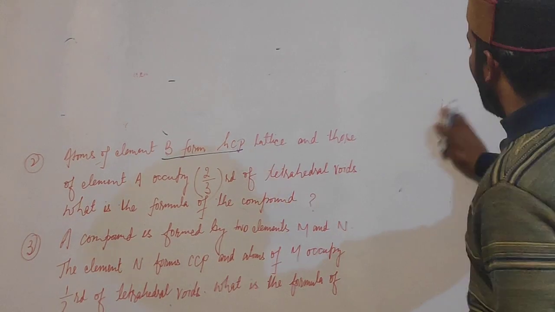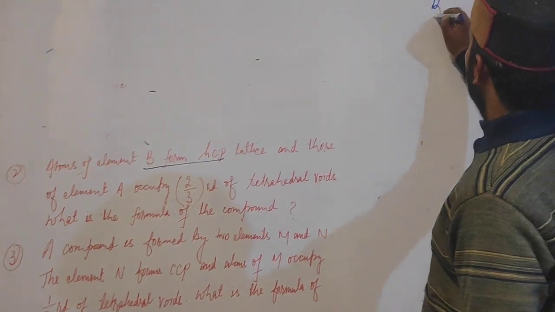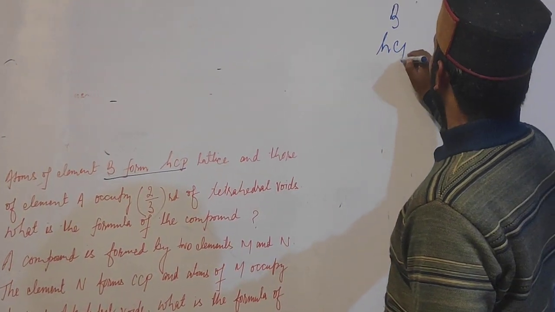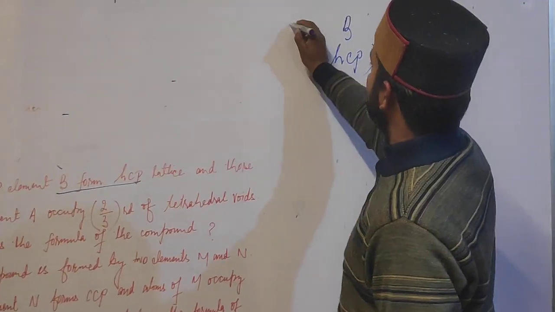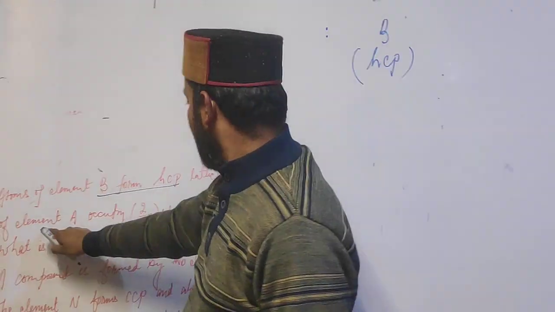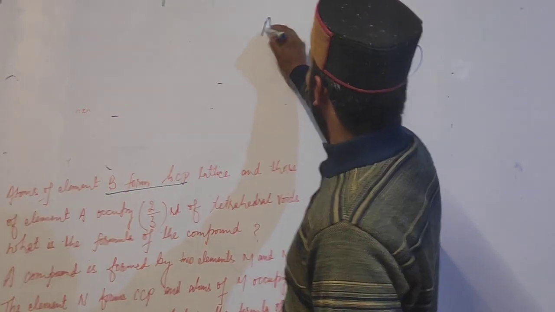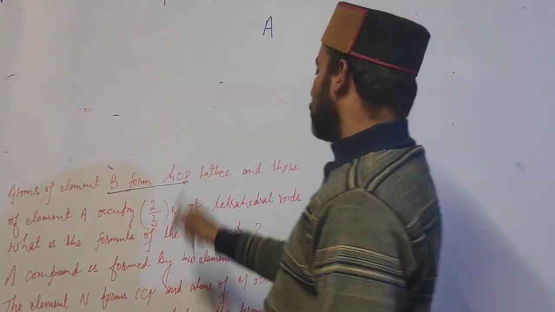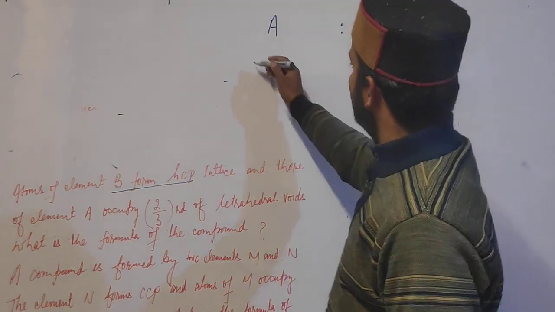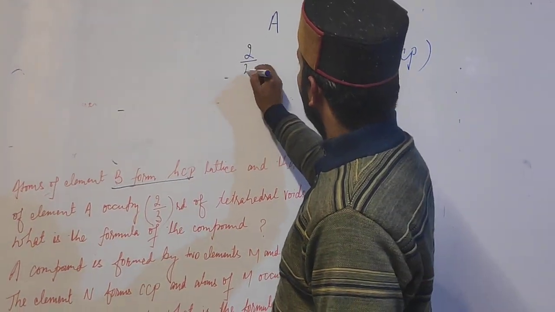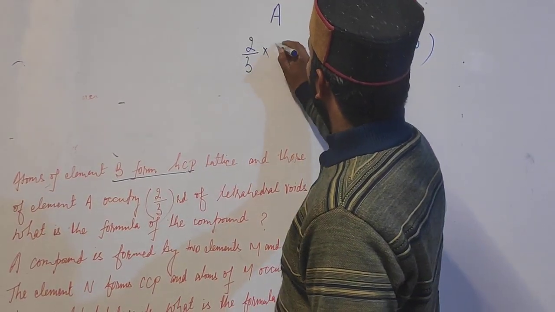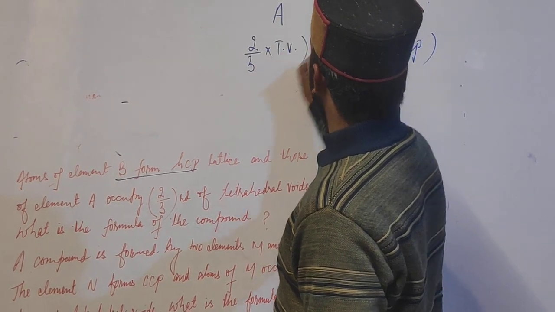So we have B adopting hexagonal closed packed lattice, and those of element A occupy 2/3 of the tetrahedral voids. So where are A atoms? They are occupying 2/3 of tetrahedral voids.